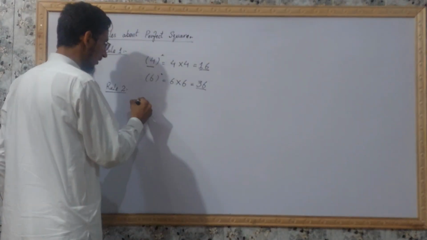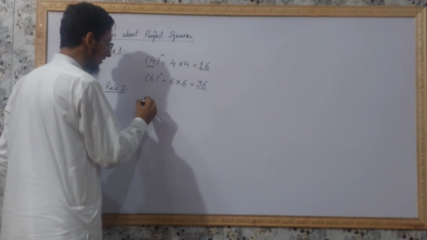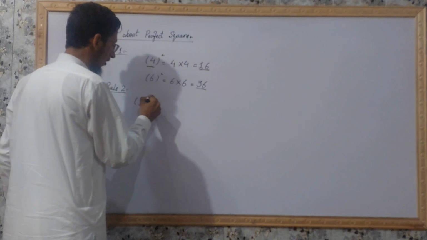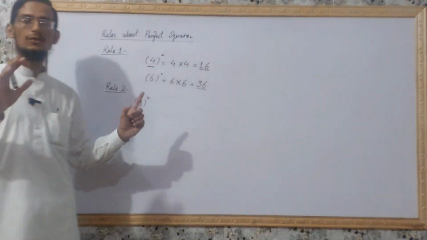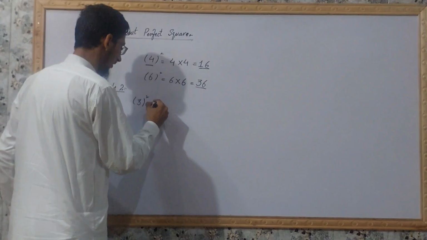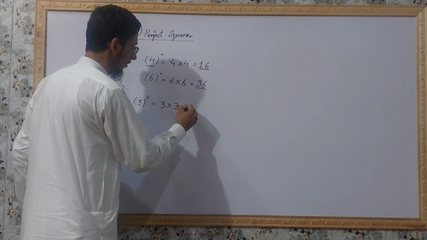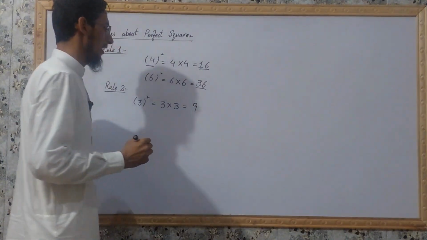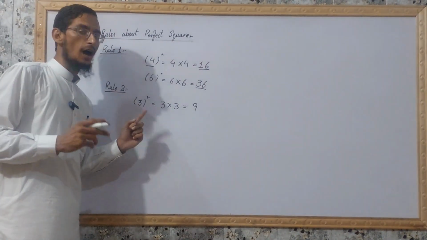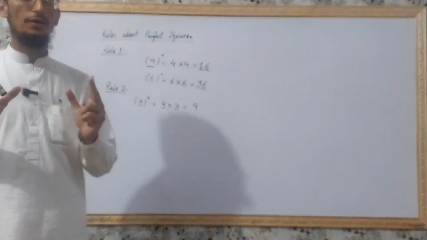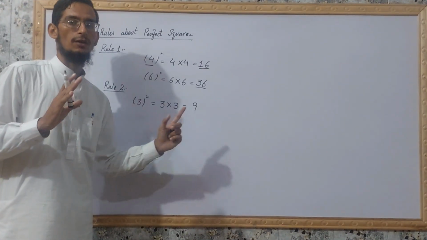For example, if I take the square of 3, here 3 is an odd number, and I am taking the square of this odd number. Again we will multiply 3 by 3. We will get 9 as a product. So 3 is an odd number while 9 is also an odd number.